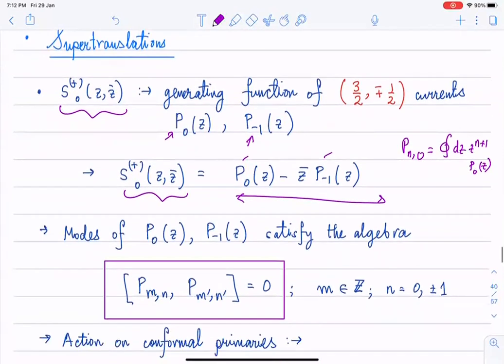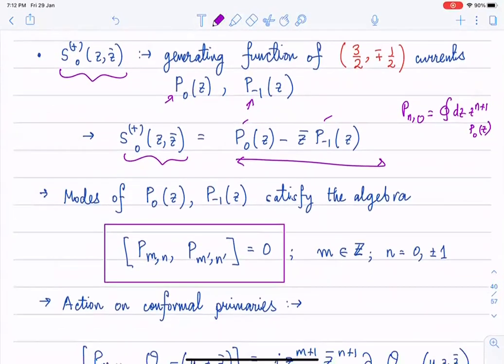Now what you can show is that if you consider the modes of these operators, which I will denote as P_{m,n} in general, the first index m will run over some set of integers, and the next index will denote which current it is.